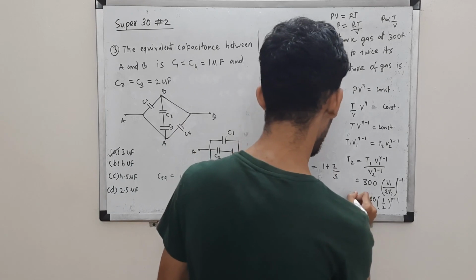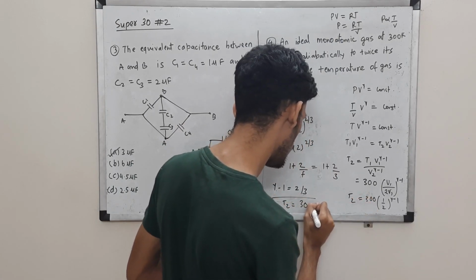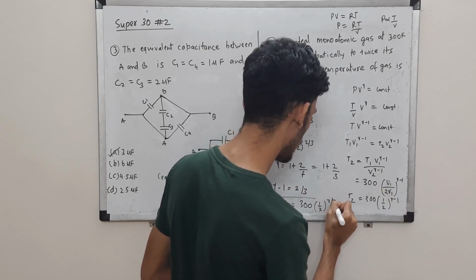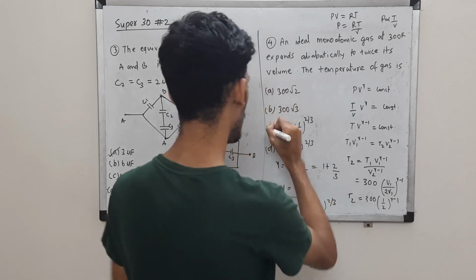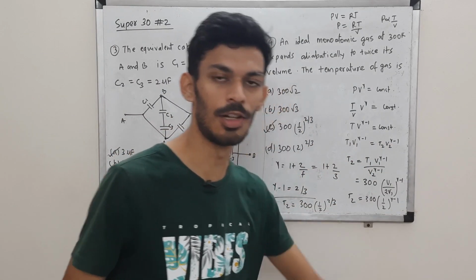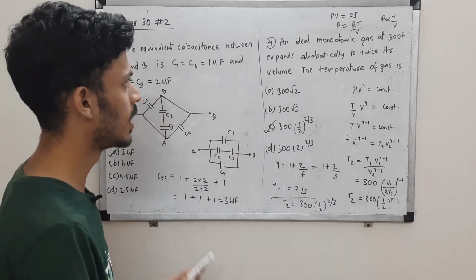So T2 will be nothing but 300 into half raised to gamma minus 1, which is 2 third. So 300 into half raised to 2 third, option C. Simple concept, just use the temperature volume relation for adiabatic process and get your answer. So that's question 3 and 4.